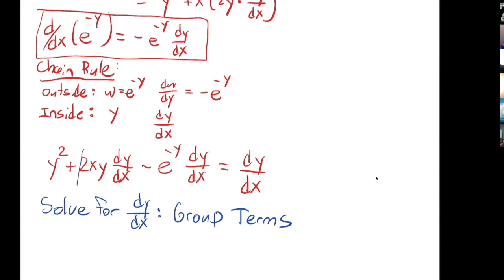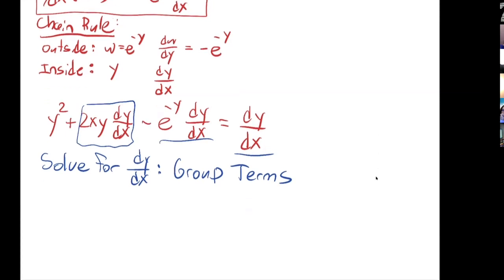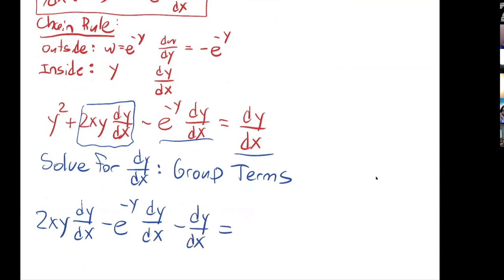So in other words, here's a term with a dy dx, here's another one, and here's another one. I'm going to move all of those to the same side and then bring the y squared to the other side. So I'll bring that dy dx that was on the right side over, subtracting it from both sides. And then I'll bring the y squared to the other side by subtracting it from both sides.